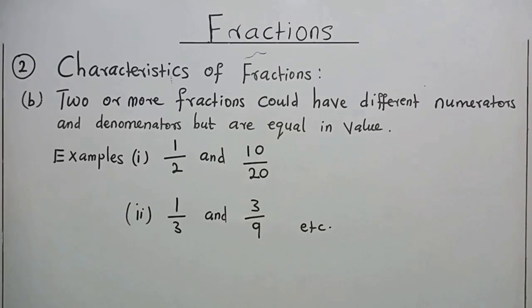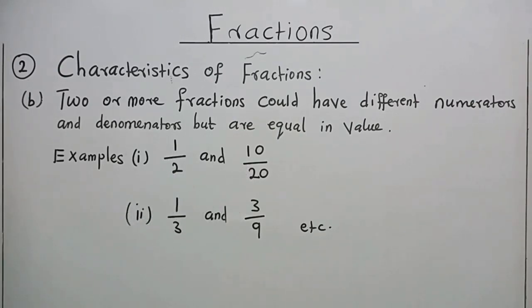What about this second example, 1 over 3 and 3 over 9? The two fractions look different, and yet they are the same in value. Break something into 3 and pick one. Try breaking the same size of that thing into 9 and pick 3 from those 9. Picking 1 out of 3 and picking 3 out of 9 are just the same. Do the comparison the same way you did in the first.